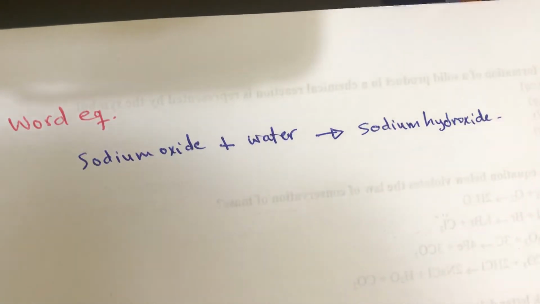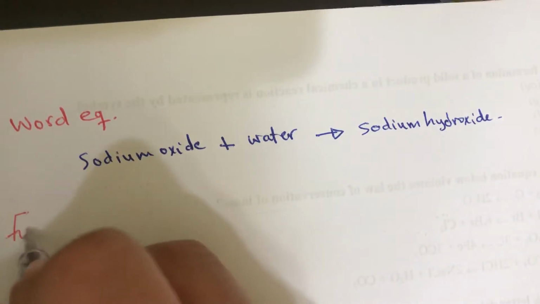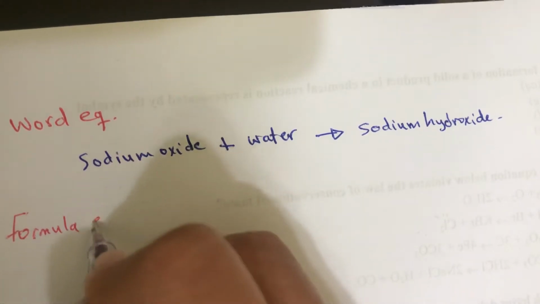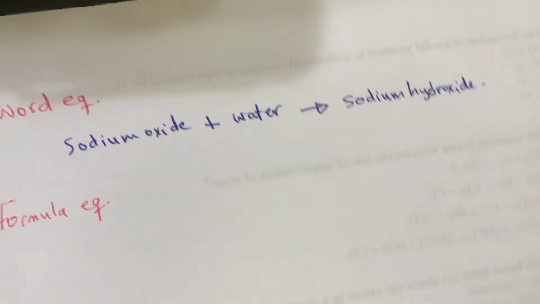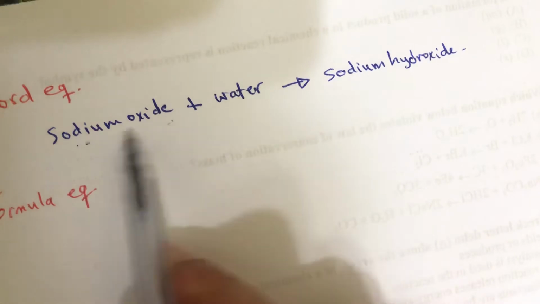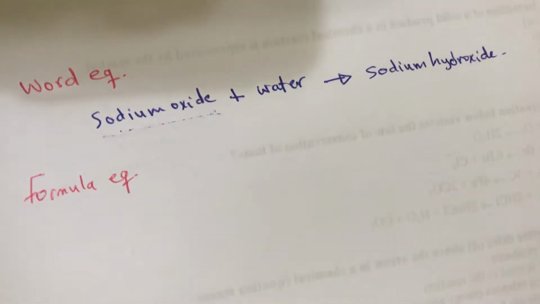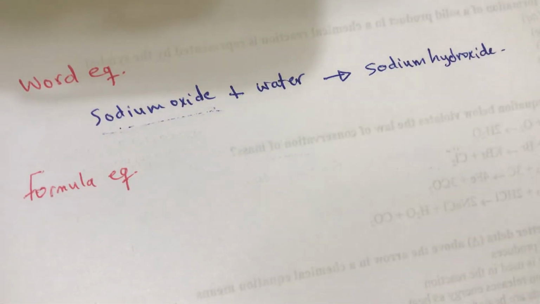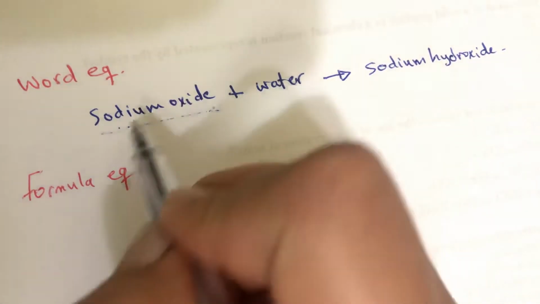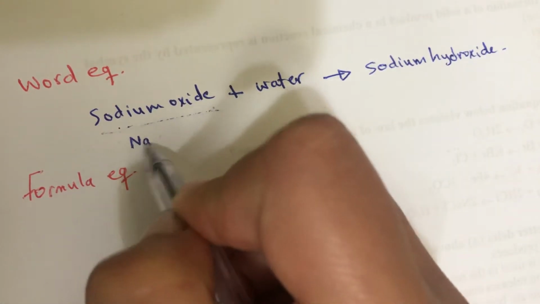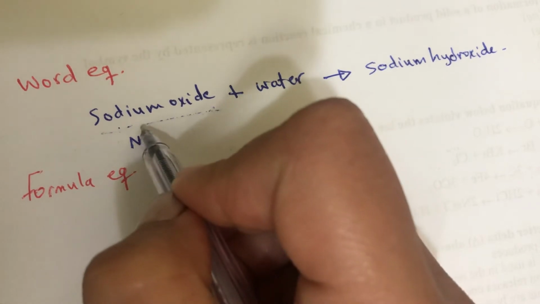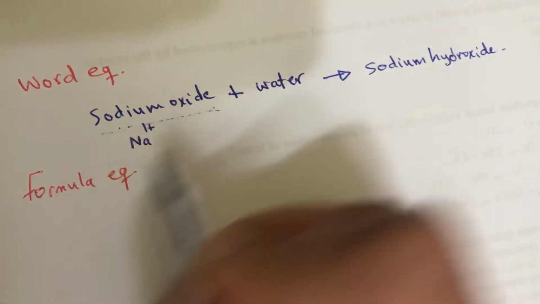Now, formula equation. What is the formula for sodium oxide? You have to remember from chapter 7 section 1 how to write the formula. If you remember, sodium, the symbol of sodium Na, it's in group 1 in the periodic table, so it carries positive 1.